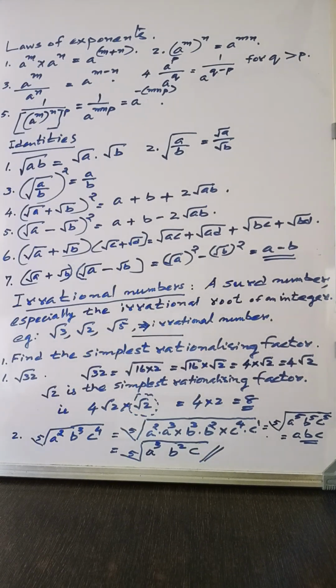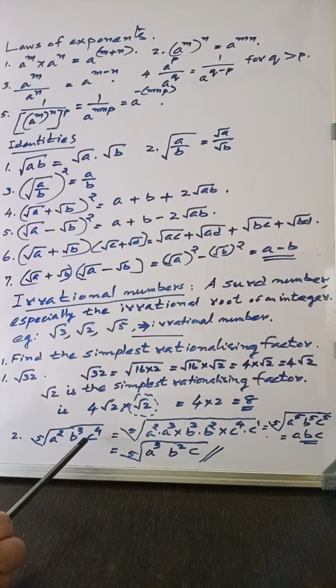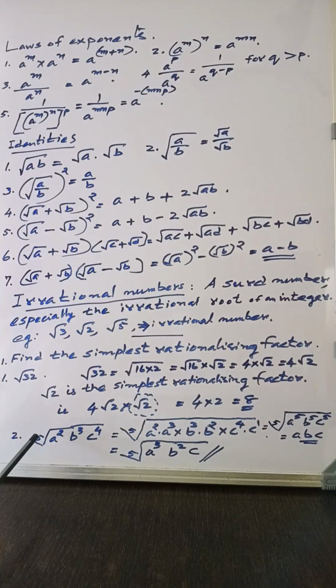Next one. Fifth root of a squared b cube c raised to 4. Fifth root of a raised to 2 into b raised to 3 into c raised to 4. Fifth root, when we have to make it a perfect power, a raised to 5 comes here.